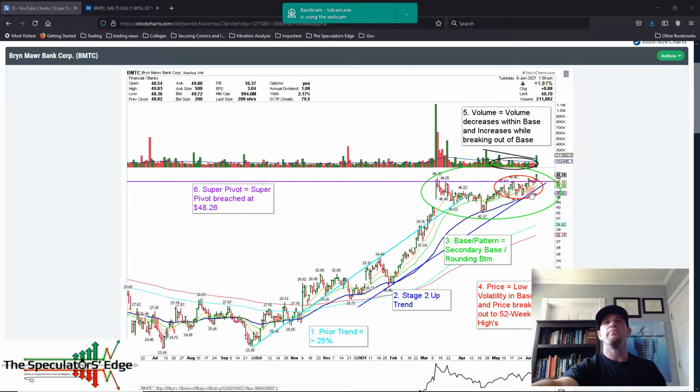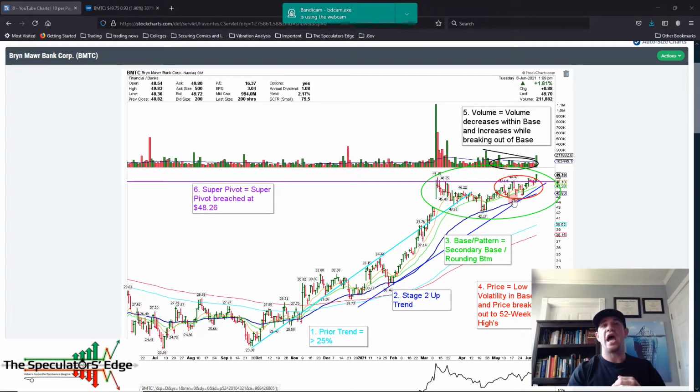So next we're going to look for the price action within that pattern or in that base. We're going to look for low volatility, so practically contractions in price. Tightness in price is what we're looking for. Practically it's a coiling phase within that base where price is ready to move.